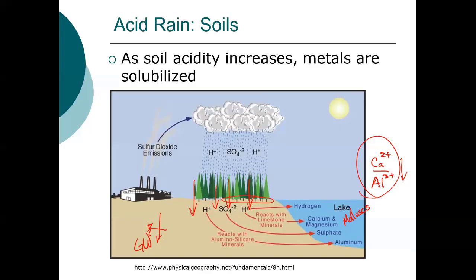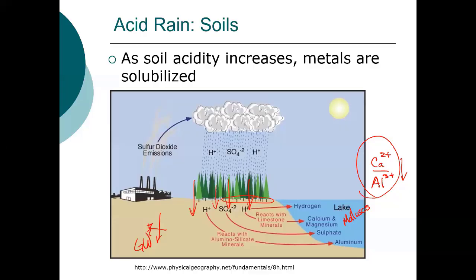The other problem is that if there is any metal deposition, so for instance, as I mentioned, the emissions from a coal-fired power plant can also contain metals. So those metals, if they dissolve, can be released to the groundwater or to the soil, resulting in contamination.